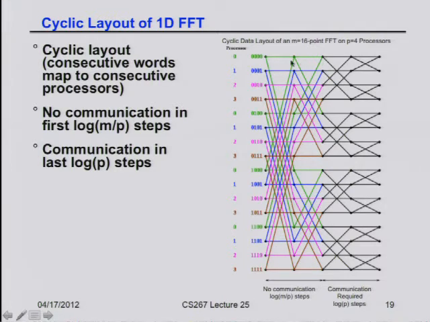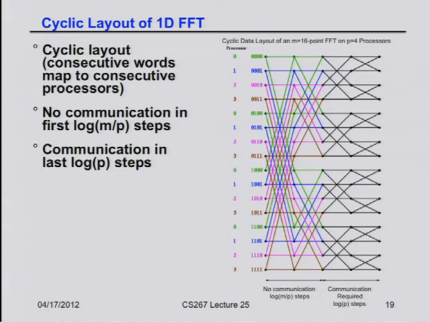So when there's colored edges, that means the green processor owns it all, there's no communication, and there's only communication in the trailing edges. They're all colored black to indicate that. So again, there's no communication in the first log m over p steps, but there is in the last log p steps. So I want to have the best of both worlds here.